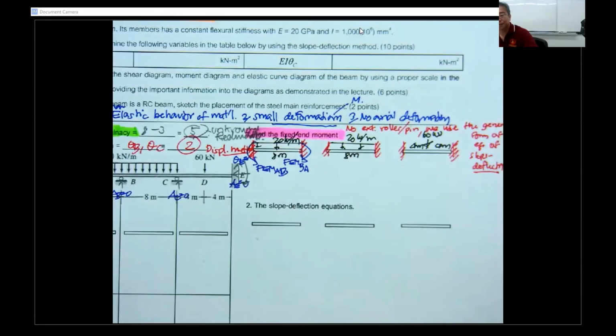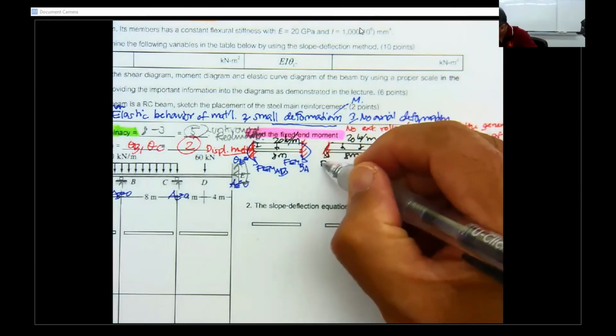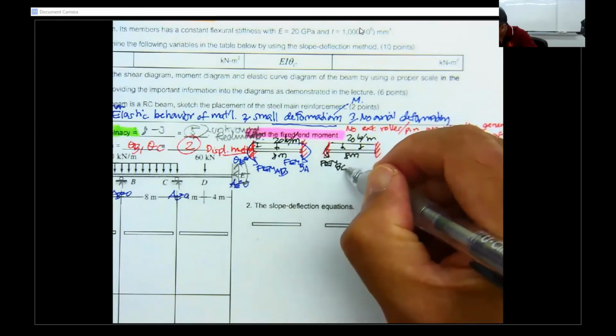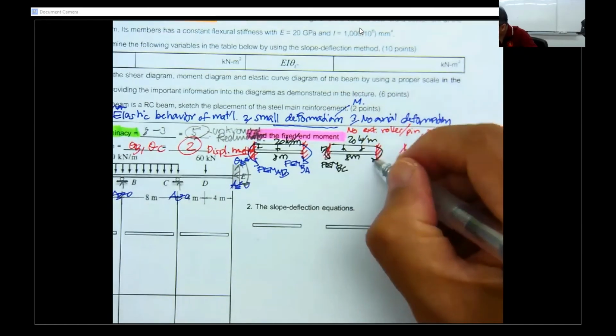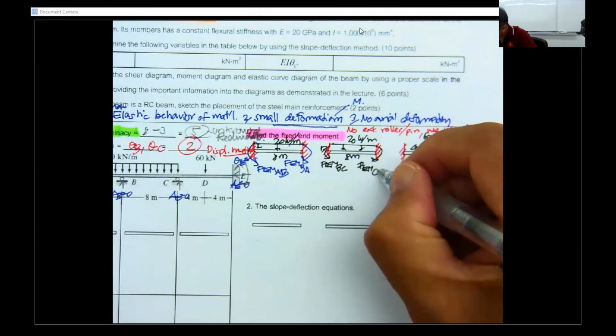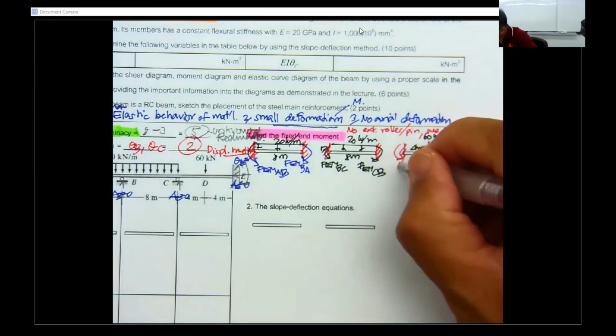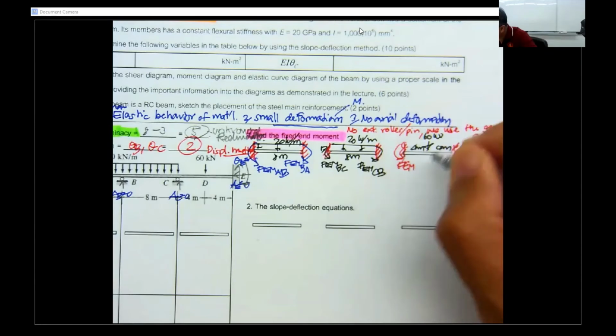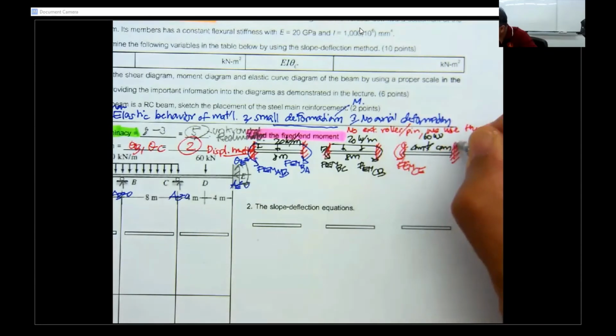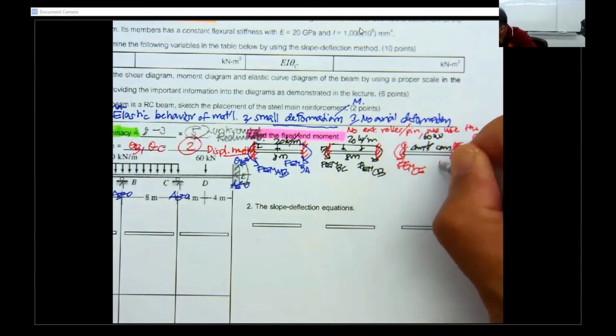This one is going to be the fixed end moment BC, and this is the fixed end moment CB. And the last one, this is C, CE, this is E, this is going to be fixed end moment EC.